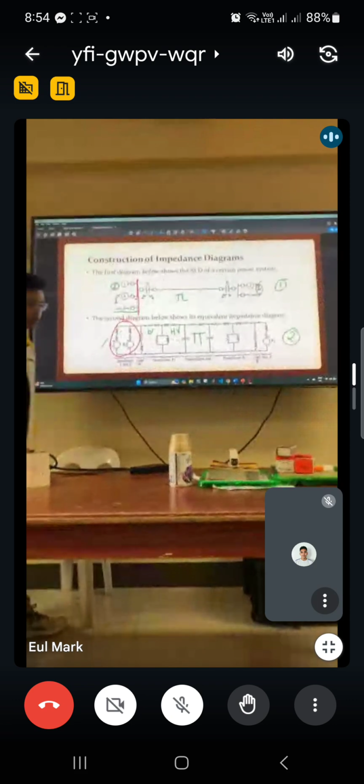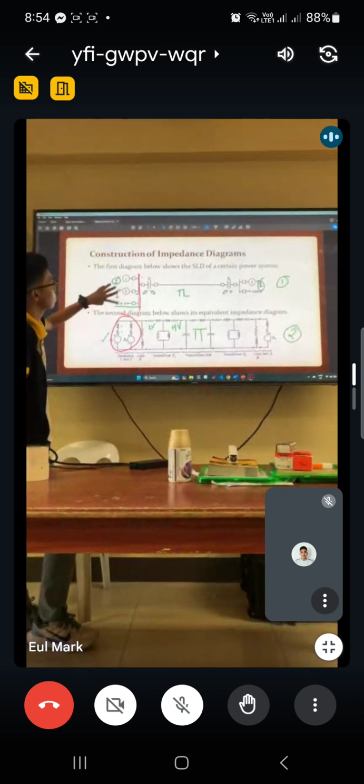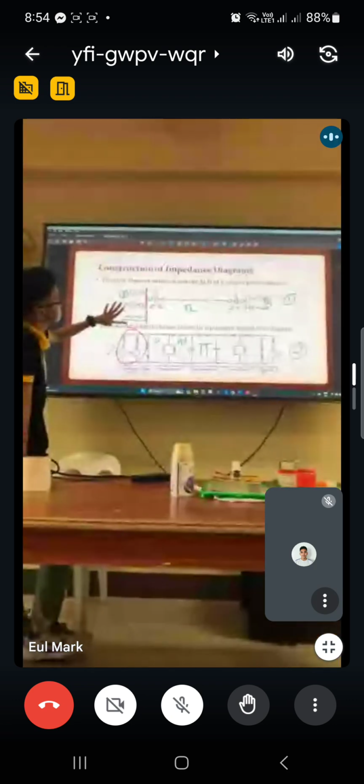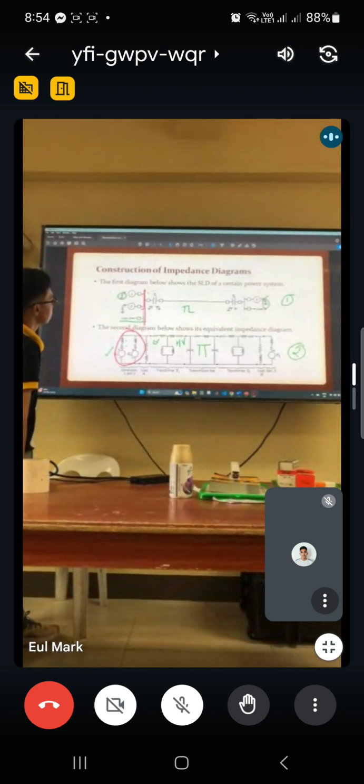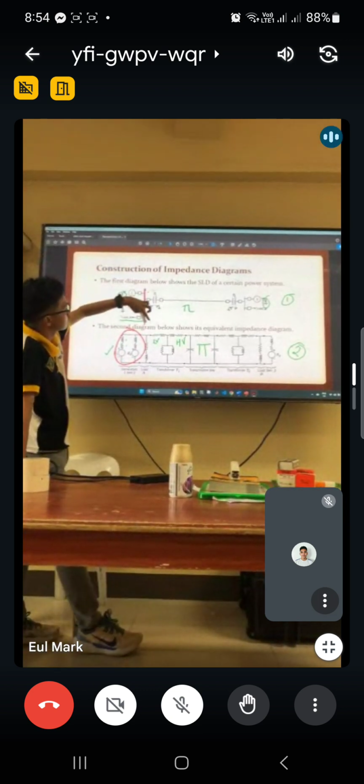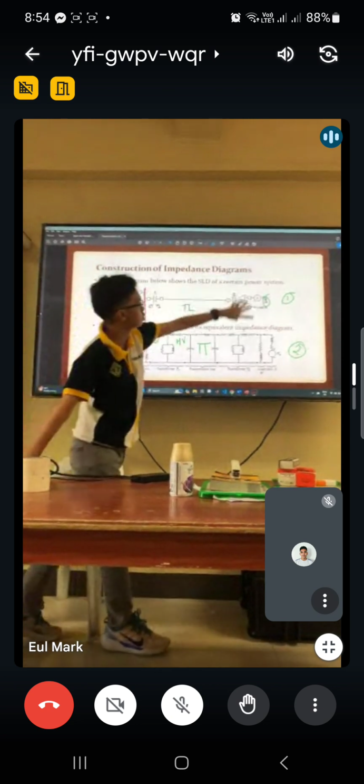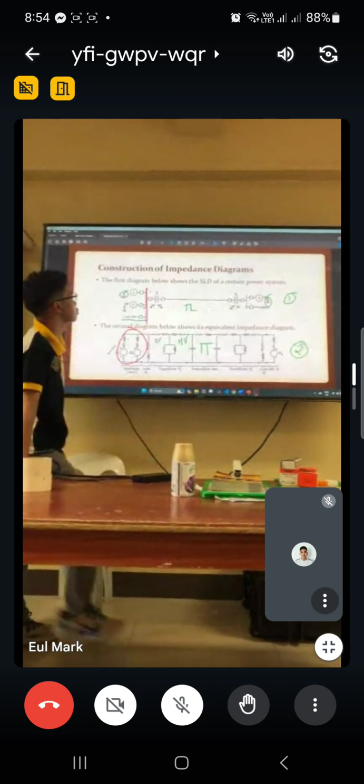So, let's say we want to model this one as an equivalent impedance diagram. Okay. What do you call this one? This is your bus. So this is bus 1 and that's bus 2.